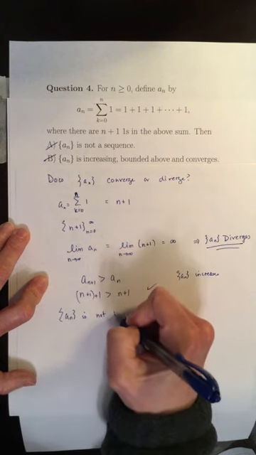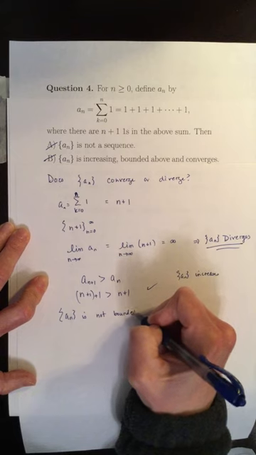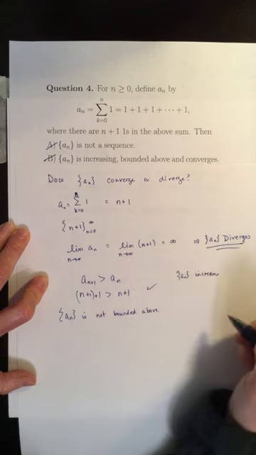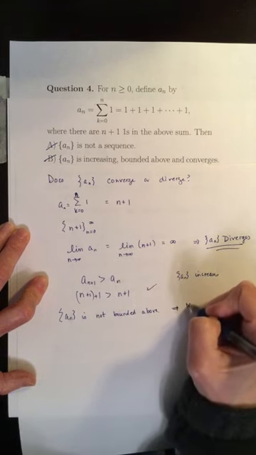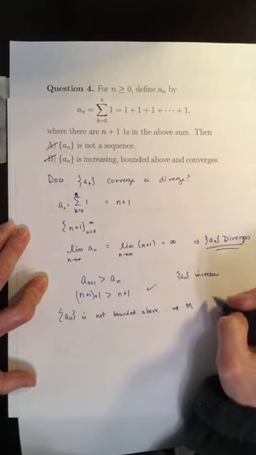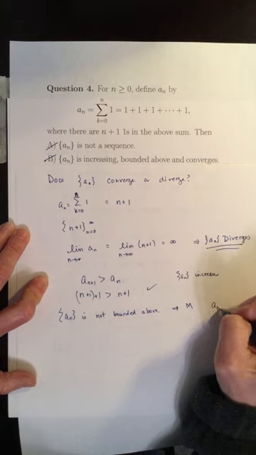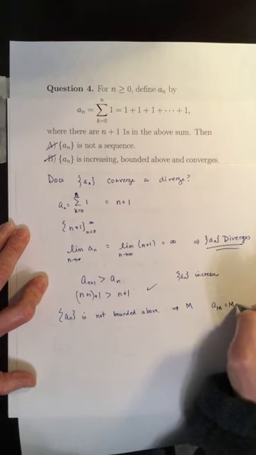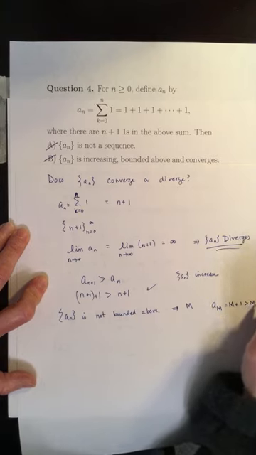And we also know that the sequence is not bounded because it's not bounded above. Because if I specify any m, I can simply just choose a sub m, because that's going to be m plus 1, which is going to be bigger than m.